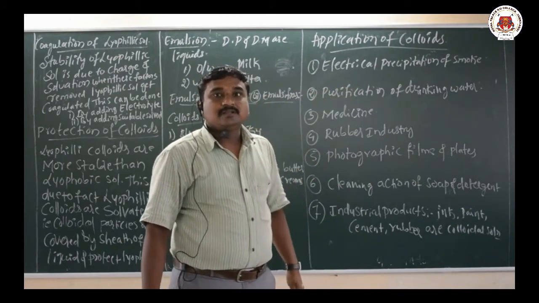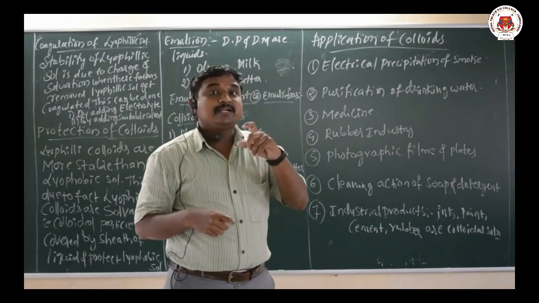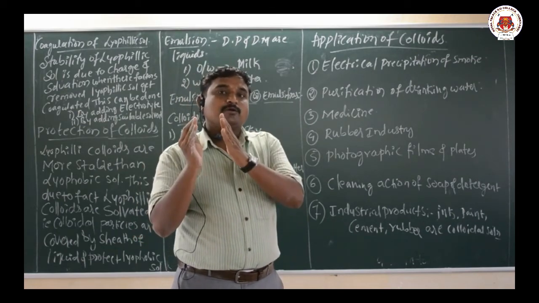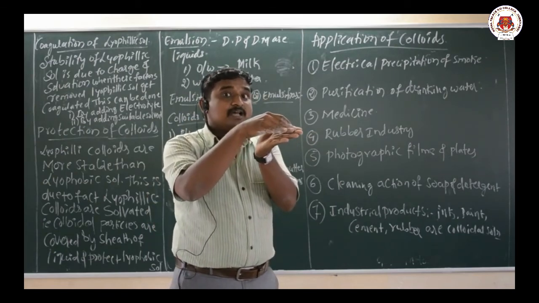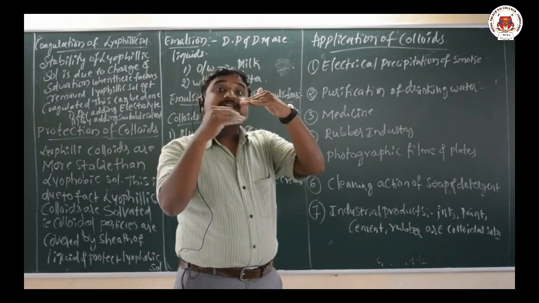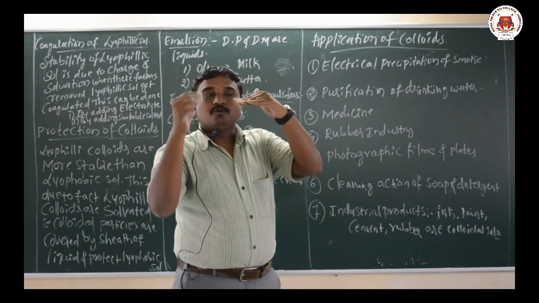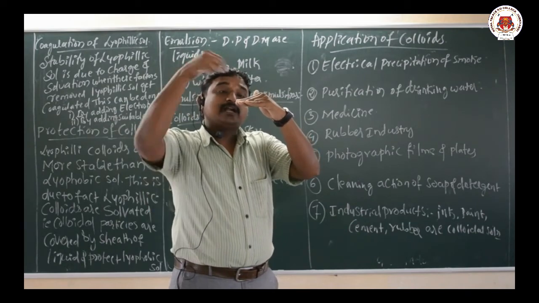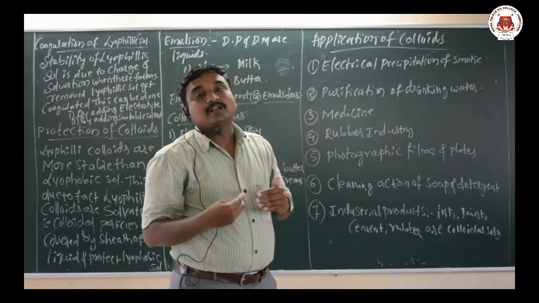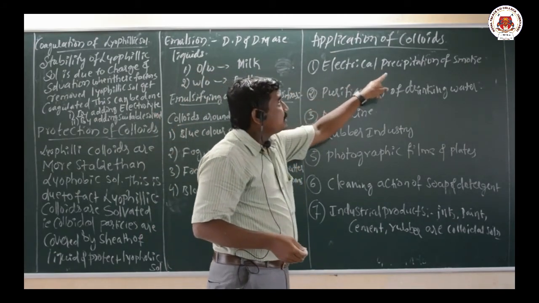The smoke, before coming out of the chimney, is passed through a precipitator, called the Cottrell precipitator. The Cottrell precipitator has plates which are oppositely charged compared to the smoke particles. The charged smoke particles get attracted to the precipitator plates, and hence the smoke coming out of the chimney is free from dust particles. So that is the first application, electrical precipitation of smoke.